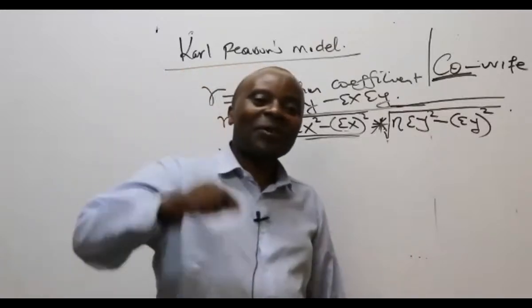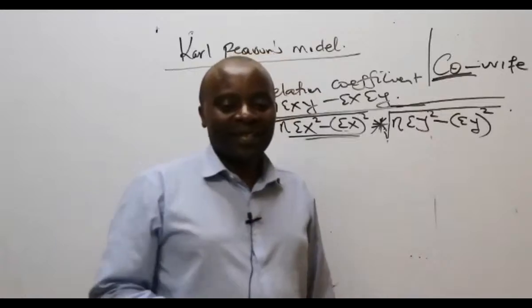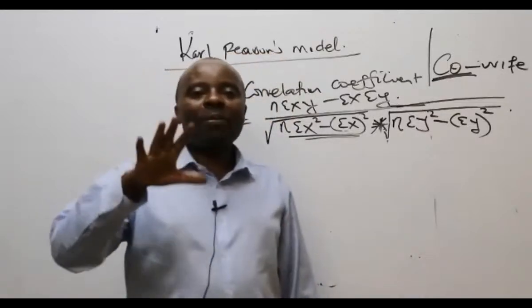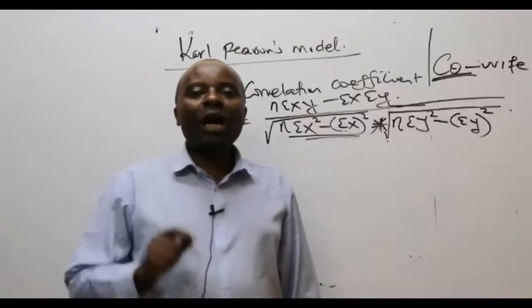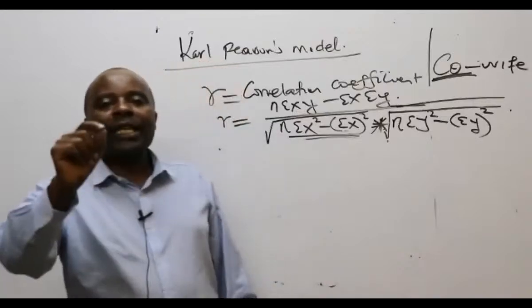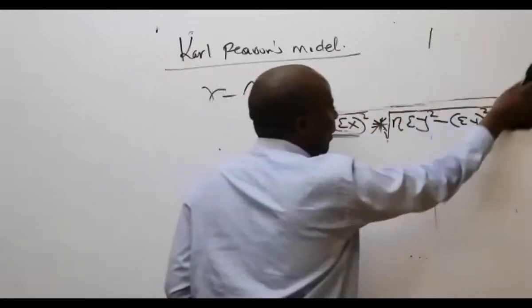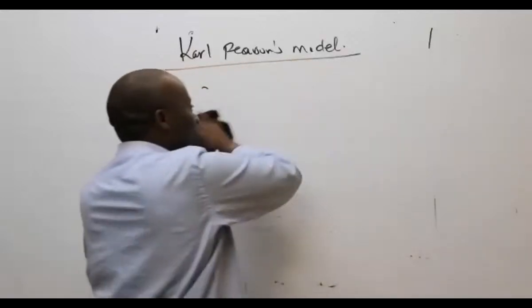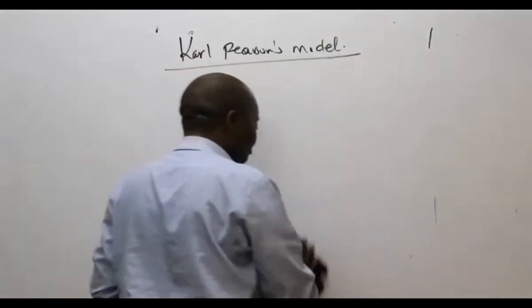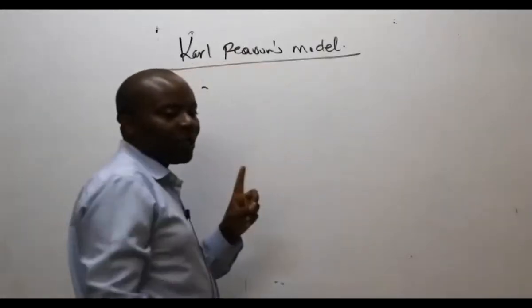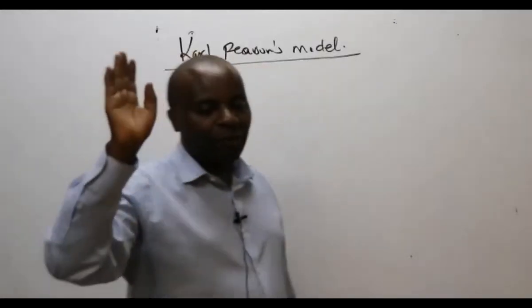So is there somebody who has gone to the back of their books? On a blank page, I would want somebody to take a step of faith and try writing down the formula of R. And if you're able to get it correctly without really struggling, without making reference to where you had written it, then, ladies and gentlemen, you're a brilliant student. You need to put up your hand wherever you are.